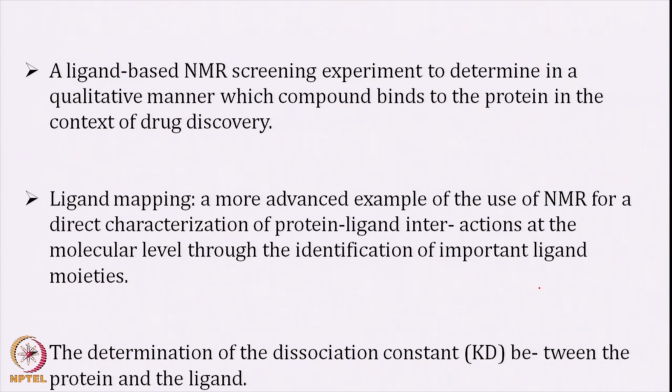So ligand mapping you can do, a more advanced example we just showed: use of NMR for direct characterization of protein-ligand interaction at the molecular level and identification of important ligand moiety. This moiety is binding or that moiety. So in group epitope mapping one can find the portion of the ligand. We can also determine the dissociation constant Kd between the protein and the ligand.